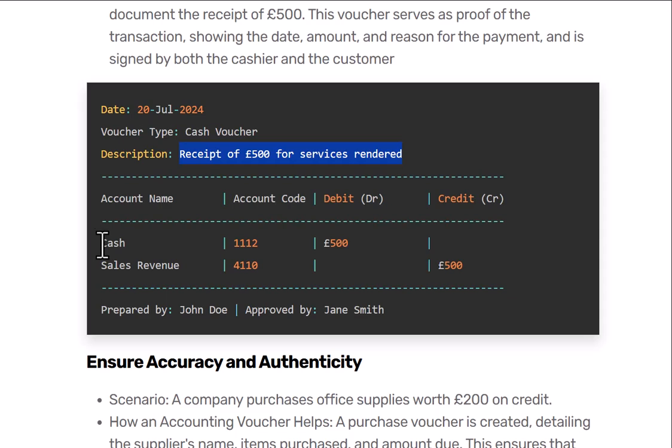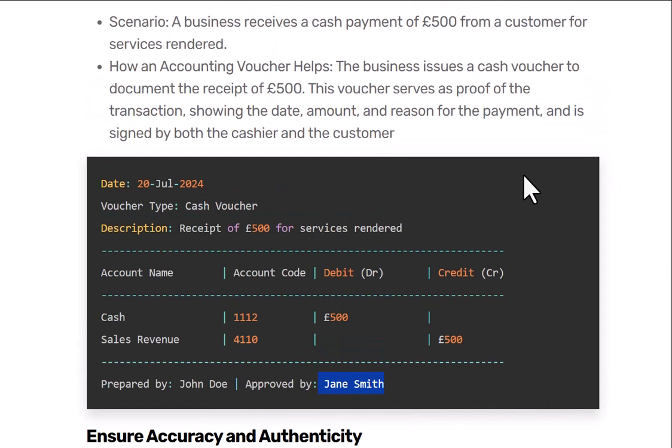It has at least one debit line and one credit line. The debit value is always on the left, and the credit value is on the right. We also have the chart of accounts code, the description, who prepared it, and who approved it.